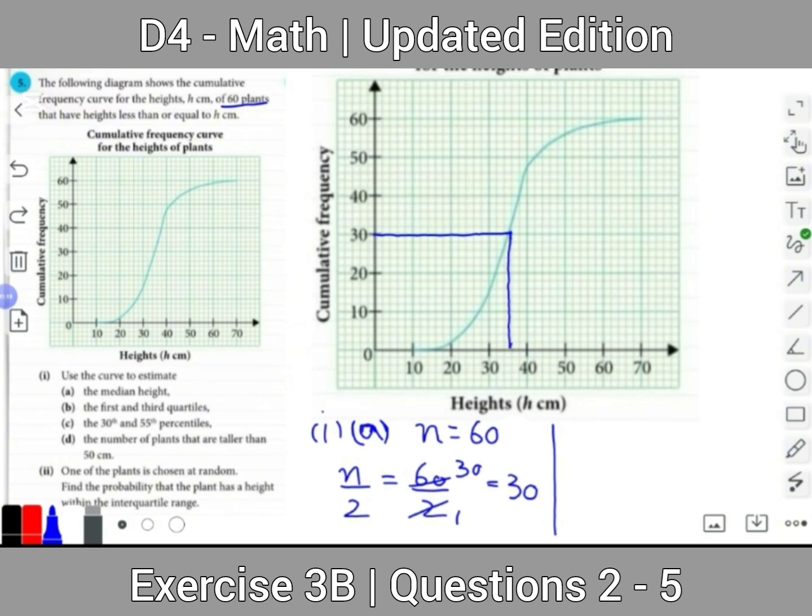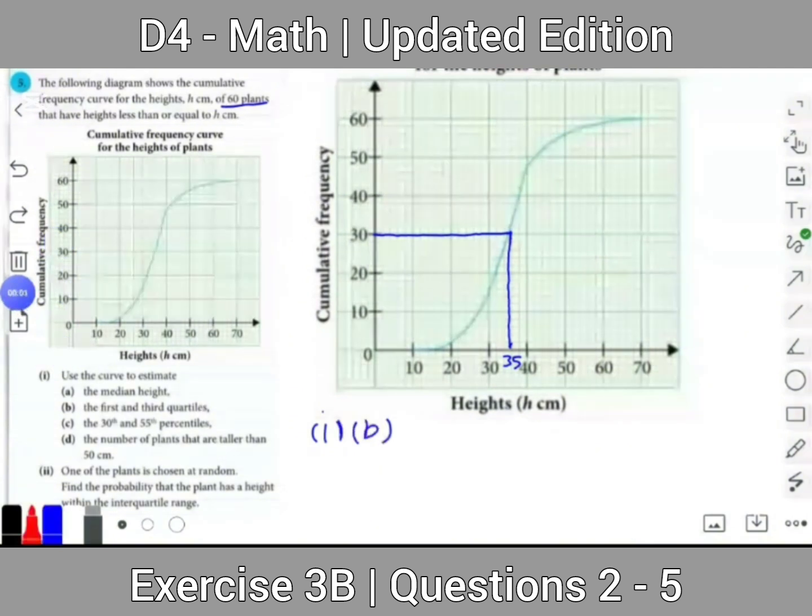Since each square unit along the x-axis is equal to 2, we have 30, 32, 34, 36, and between 34 and 36 the value we get is approximately 35. So the estimated median height is equal to 35 centimeters.